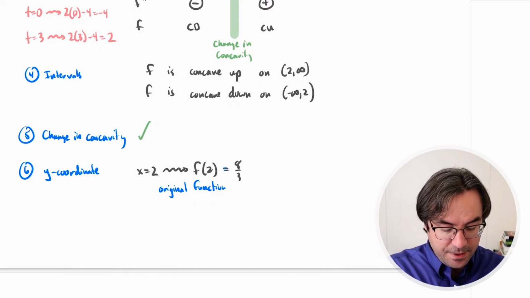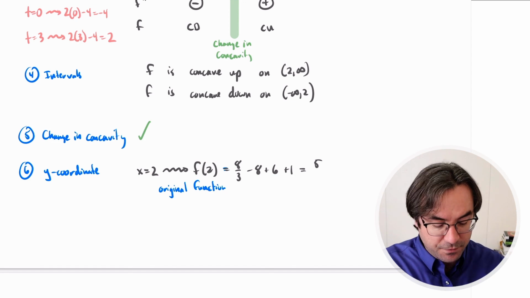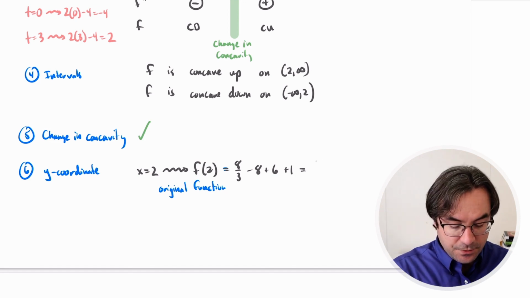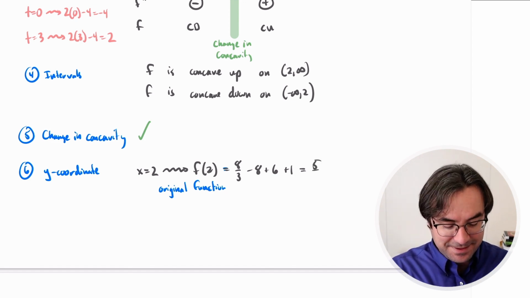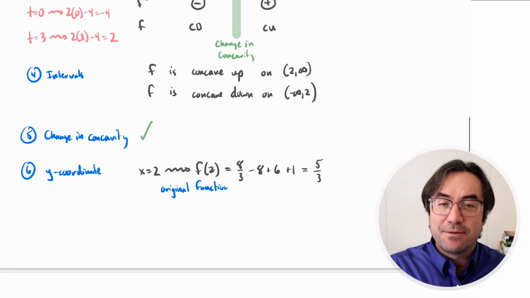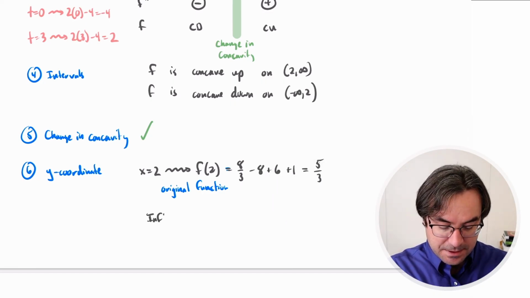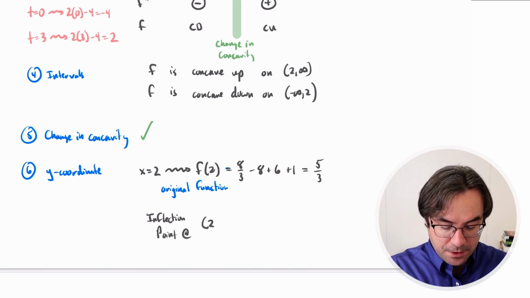So now we just put it together and write down the coordinates of our point. We have an inflection point at 2, 5 over 3.